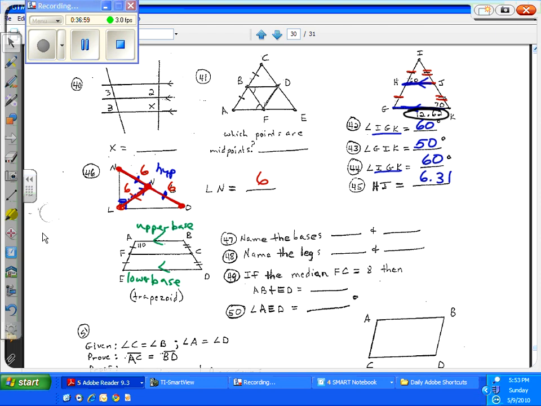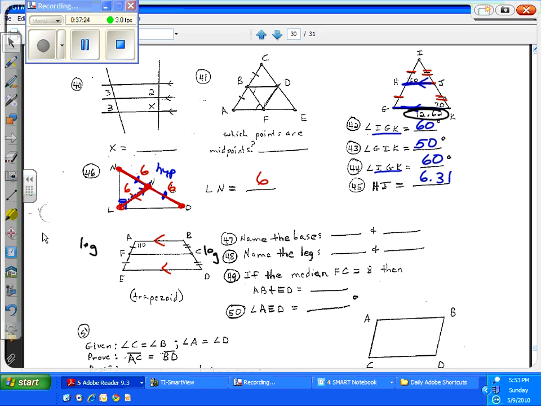We might say it has an upper base and a lower base, or base 1, base 2. If it was sitting sideways, then it would be a left base and a right base. So you may not want to say upper base, lower base, because it may not be sitting that way. And so it does have two bases. The bases are the parallel sides.